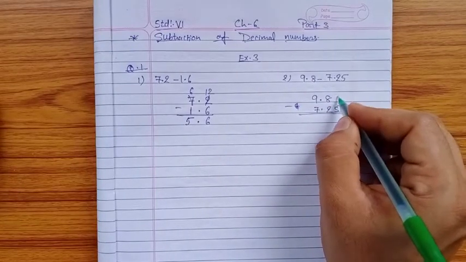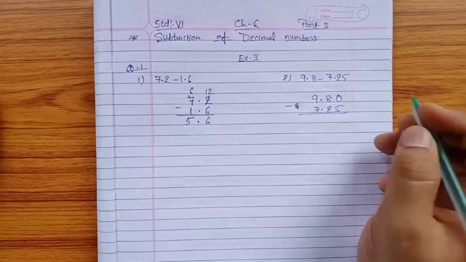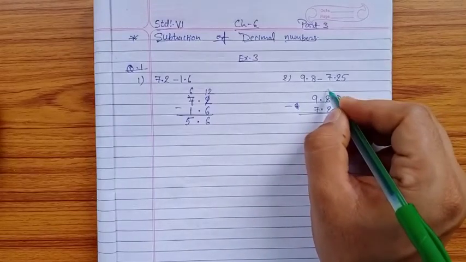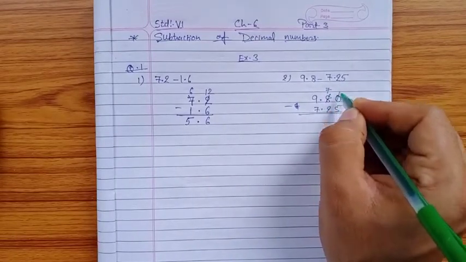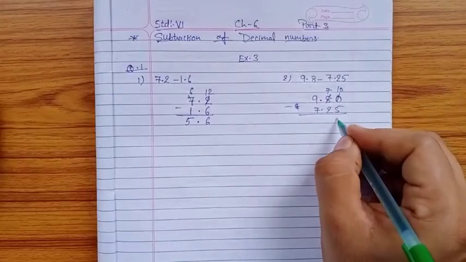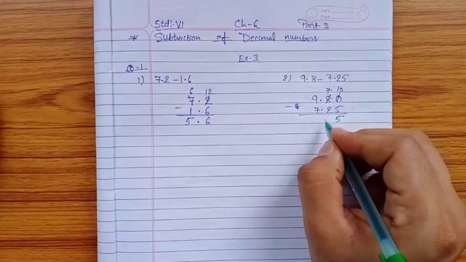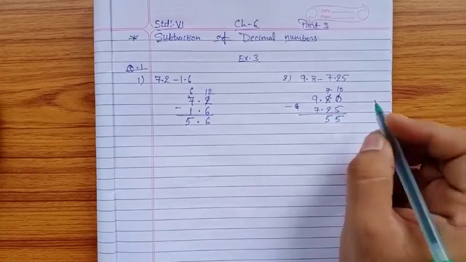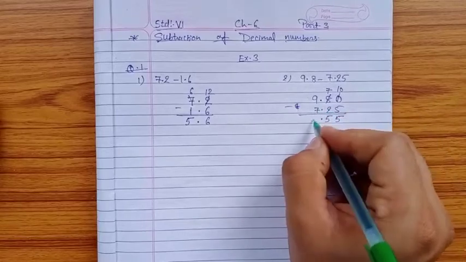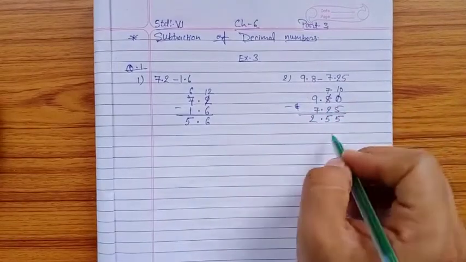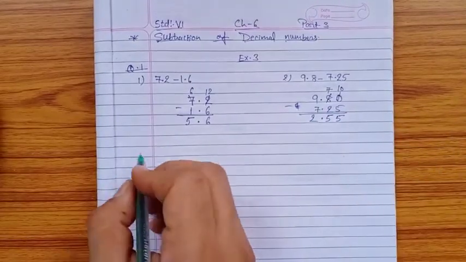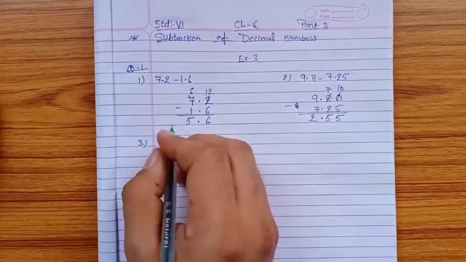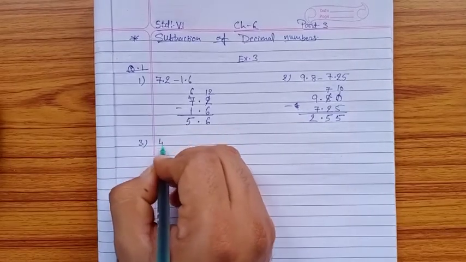So just addition में हम रखते थे 0, we'll put the 0 over here. And now we'll borrow from 8, so it will become 7 and this will become 10. Now 10 minus 5 is 5 and 7 minus 2 is also 5. 9 minus 7 is 2. So the answer comes 2.55.